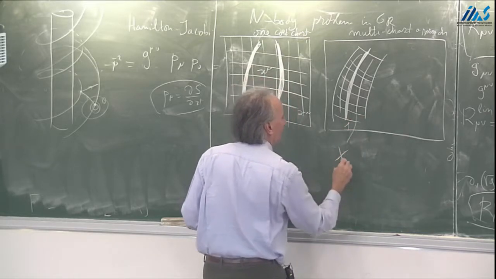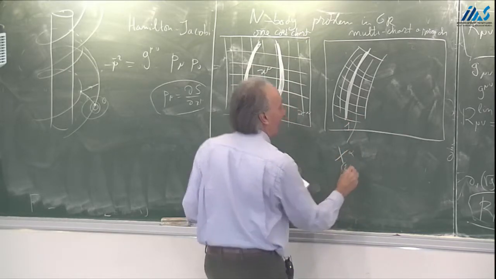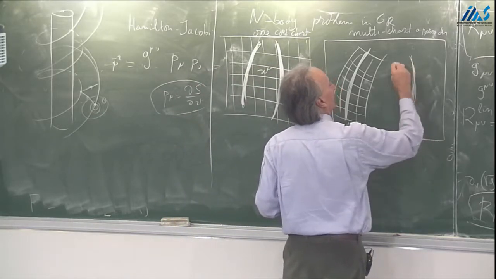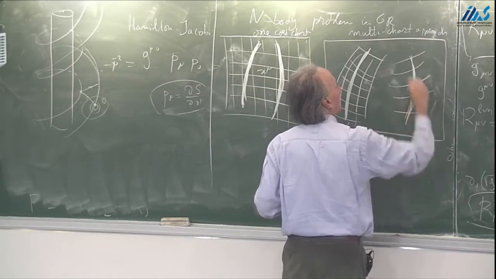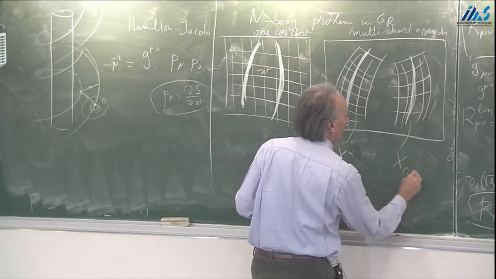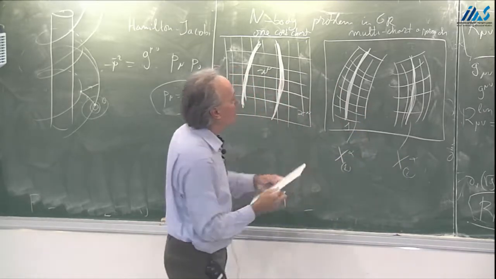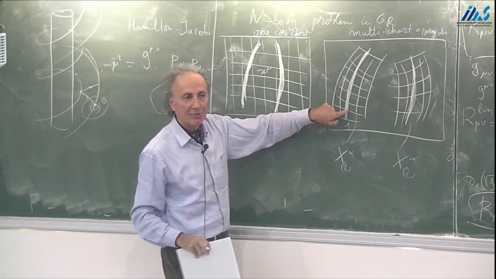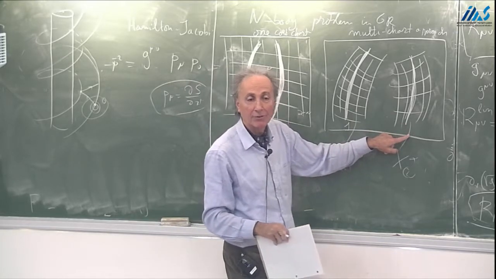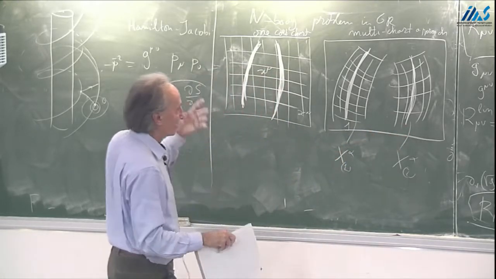Like for body 1, there will be a coordinate system x1 alpha, and for body 2, a different coordinate system x2 alpha attached. So this would be like geocentric, centered on the Earth. This would be like selenocentric, centered around the Moon, or barycentric you can put.